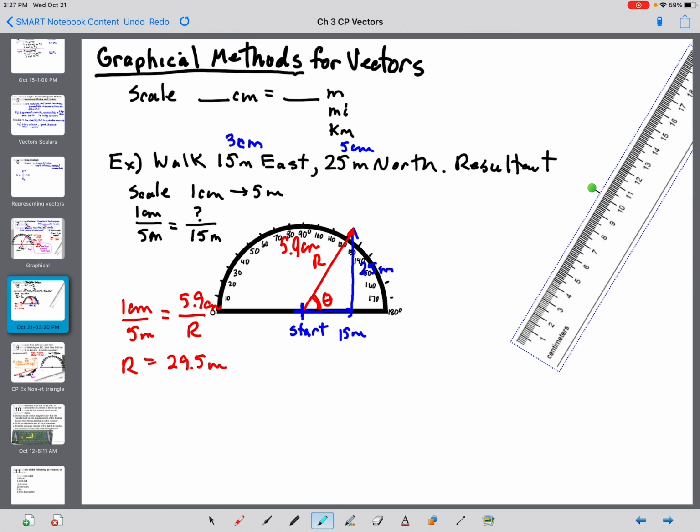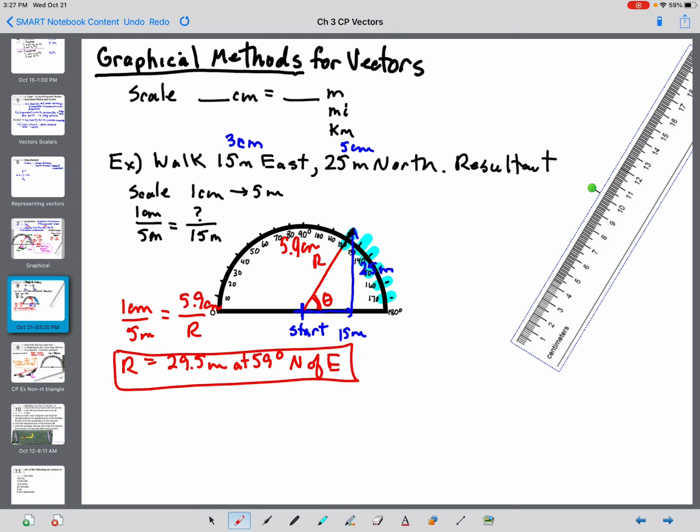I'll just count by 10. So starting at east, there's 10, 20, 30, 40, 50. I'm almost dead even, a little bit shy of 60 degrees. So I'm going to say that is 59 degrees and that would be north of east. And that is our resultant.